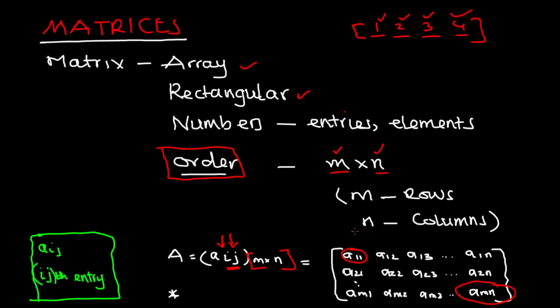So you have columns, these are columns going down like that, then these are rows.